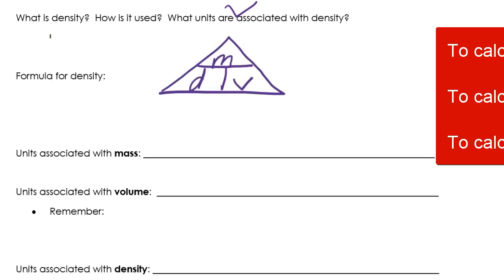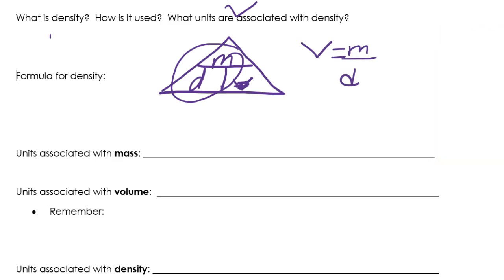Okay, so here's the pic again. So if I cover up, let's say the V this time, what do I have left over? Is M over D. So therefore, that would give me my formula for volume, which is equal to mass over density. And of course, as you know, if we cover up the M, you're left with D times V. Okay? So my mass in this case would be D times V.